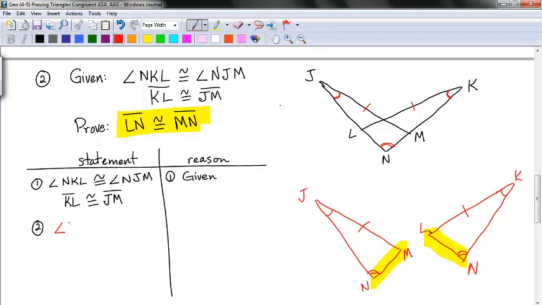So angle N is congruent to angle N. I could have also labeled that angle JNK is congruent to angle JNK. Why are those angles congruent to each other? That's the reflexive property of congruence, abbreviated.